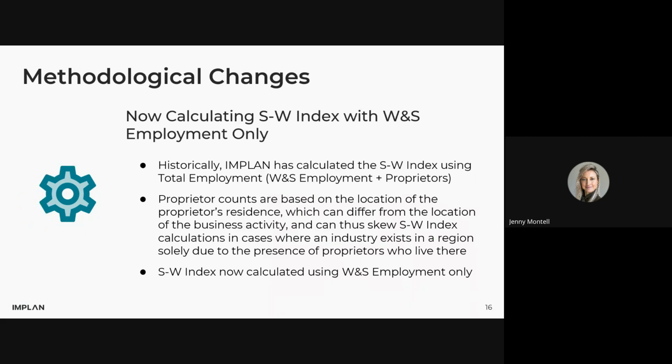Thanks, Wes. Now, finally, some of you might be familiar with the Shannon-Weaver index that IMPLAN has had around for a while. It is a measure of economic diversity that takes into account the number of industries in a region and how evenly spread out employment is among those industries.